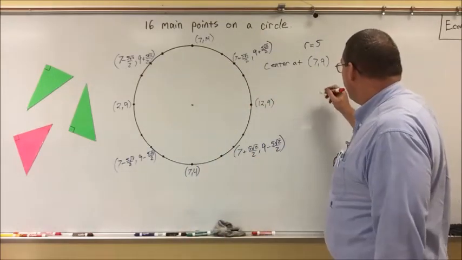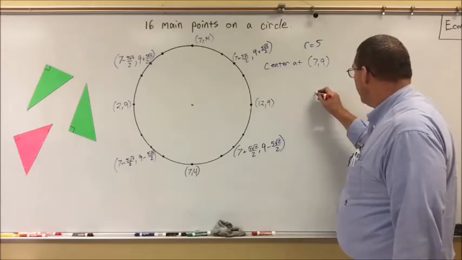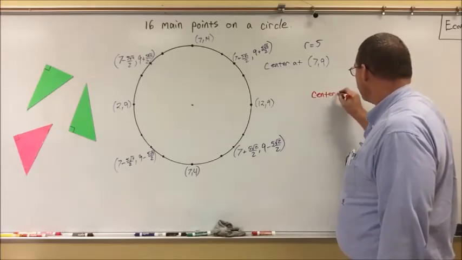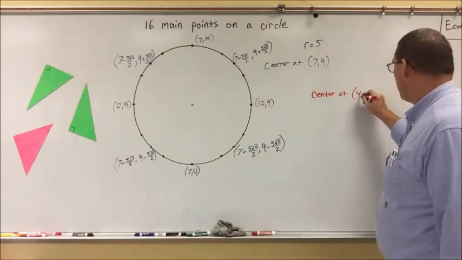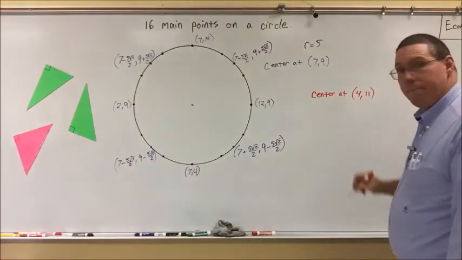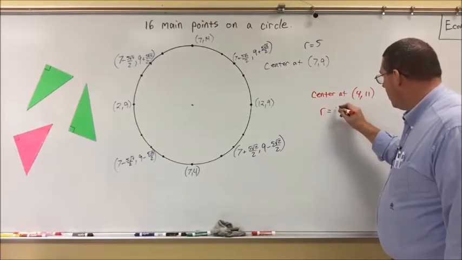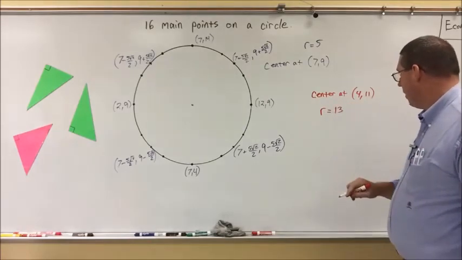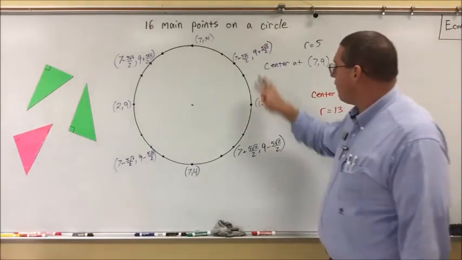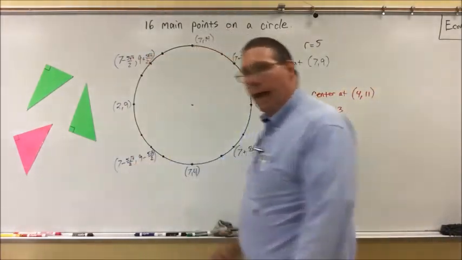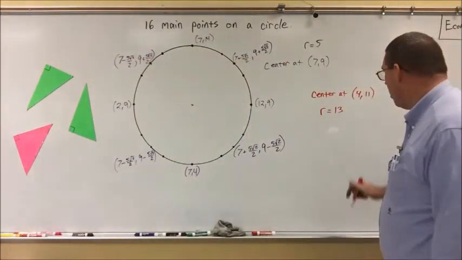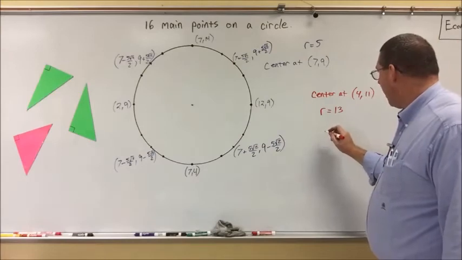If I knew that there was a circle that had a center at 4, 11, and it had a radius of 13, and you wanted me to identify the 4 middle diagonal coordinates, I know that these would be the 4 middle diagonal coordinates.